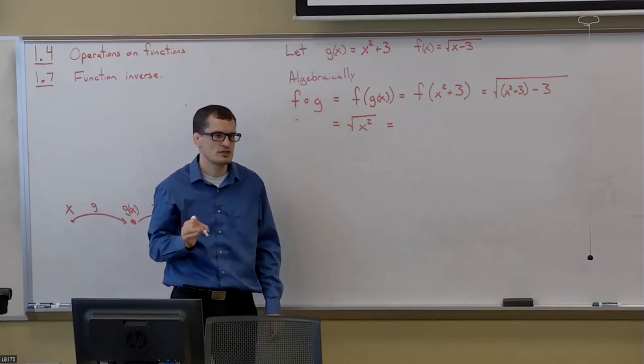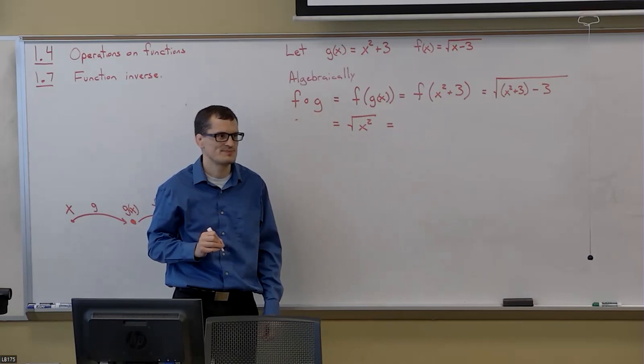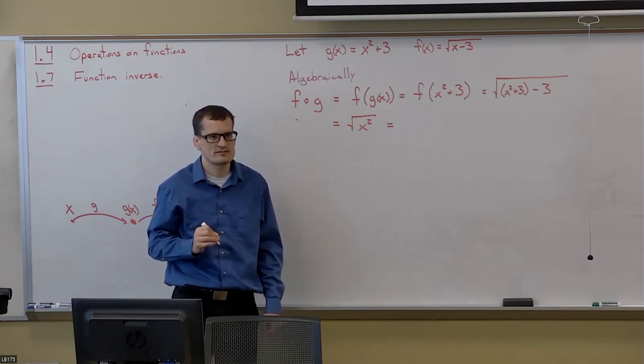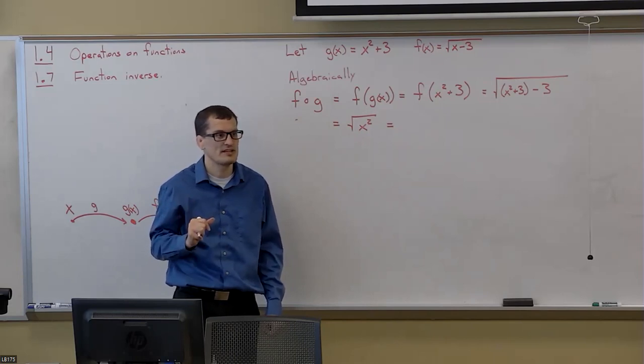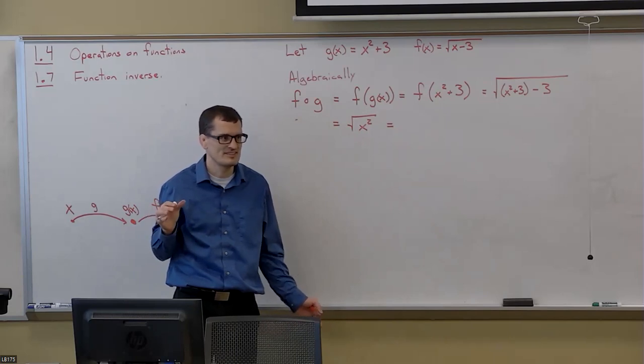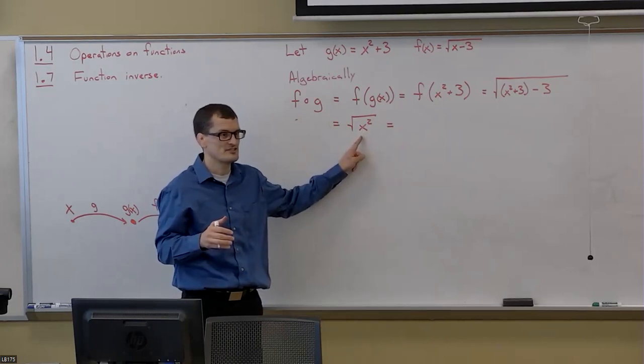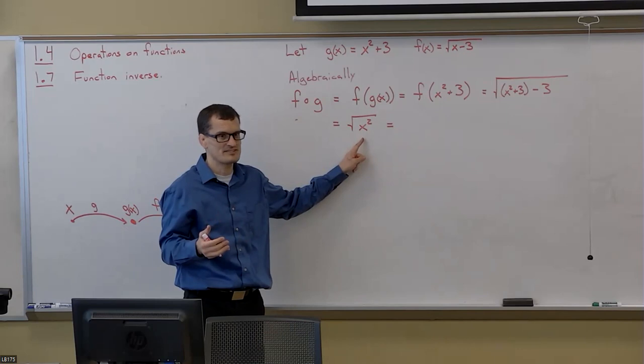Now here's where it gets tricky. If I take a square root of x squared, what do I get? Just x. Just x, kind of. If x were negative, you wouldn't get just x, you'd get the opposite of x. Does that make sense?